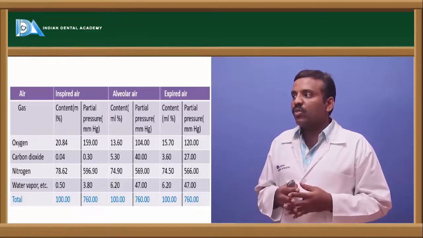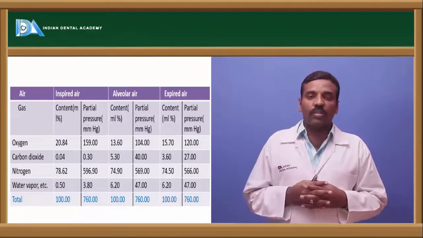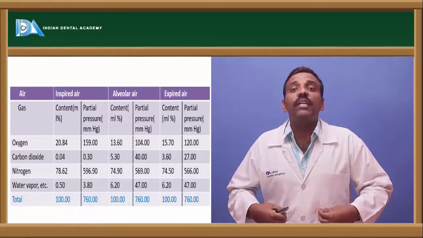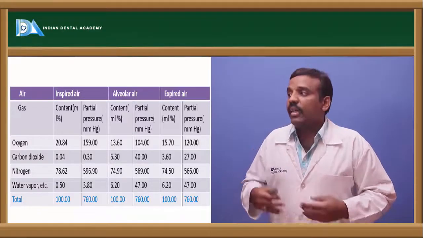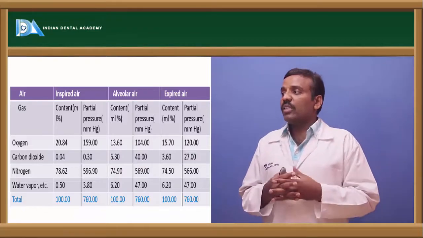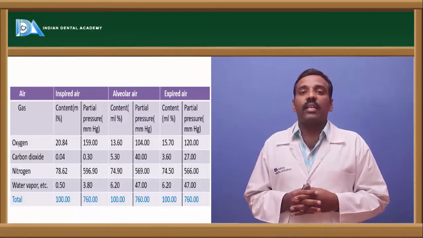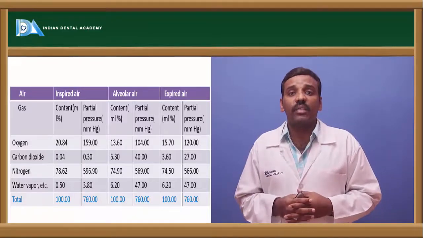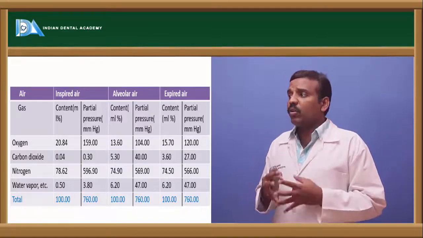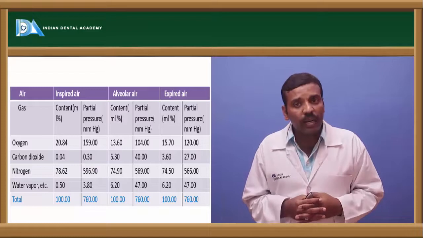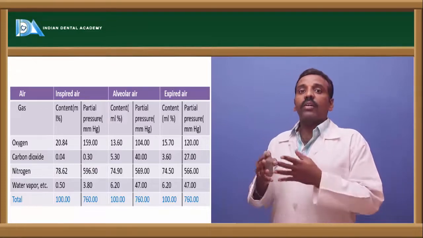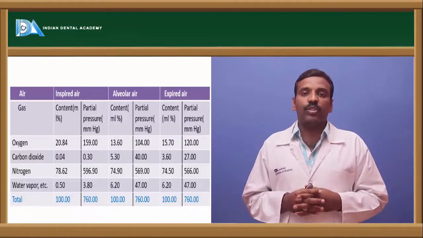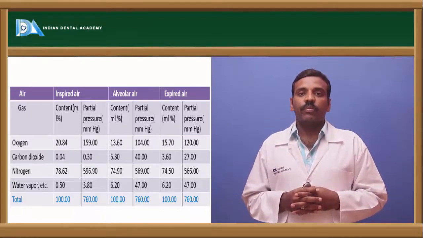Okay, and next, the alveolar air, that is, the air which is present in the lungs: oxygen is about 13.6 percent, carbon dioxide is about 5.3 percent, nitrogen is about 74.9 percent, and water vapors and others are about 6.2 percent.